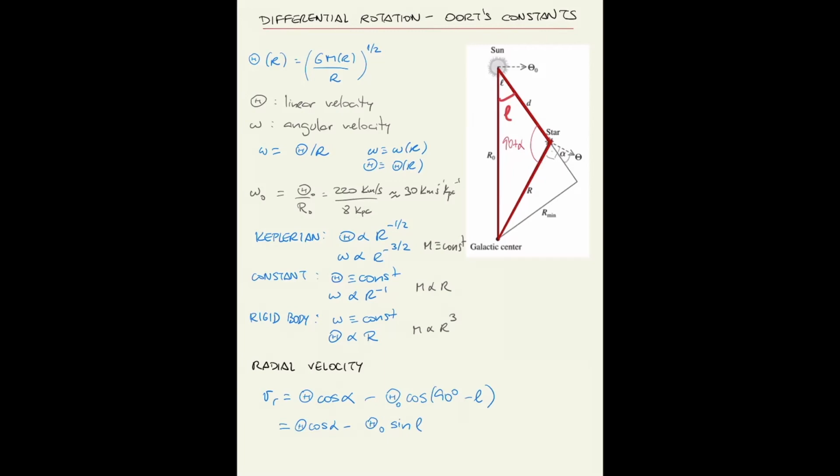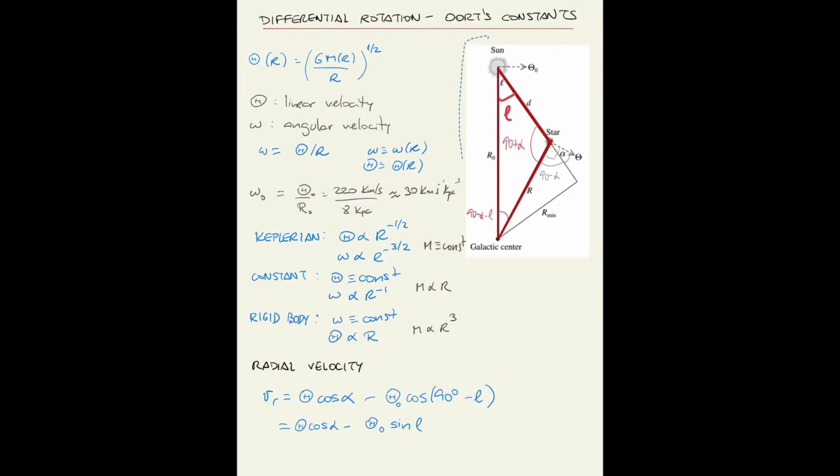So if this angle is alpha, this angle here must be 90 minus alpha. And if this is 90 minus alpha, then this must be 90 plus alpha. And then to complete the 180, this angle here must be 90 minus alpha minus L at the galactic center. Now we can apply the law of sines for this triangle.